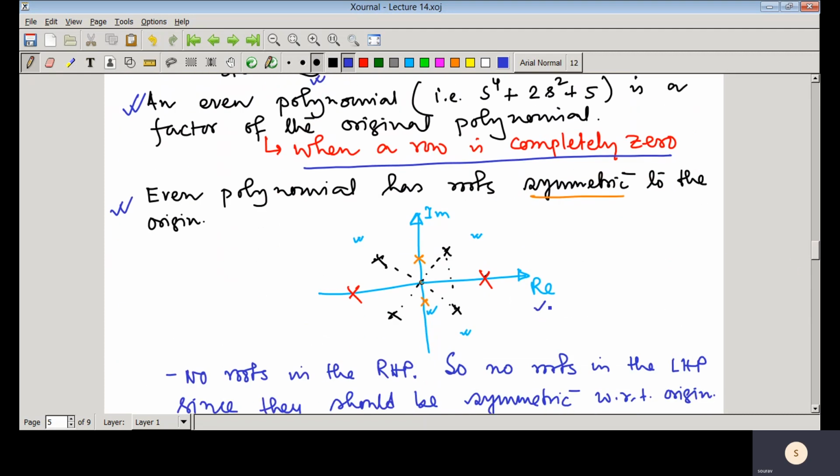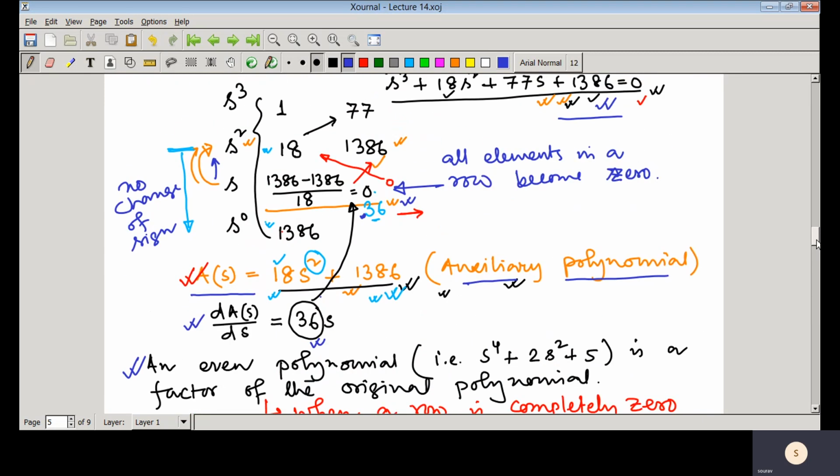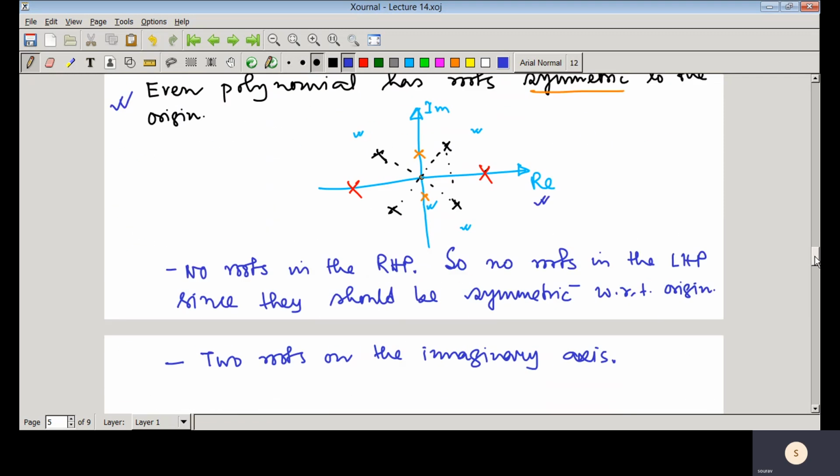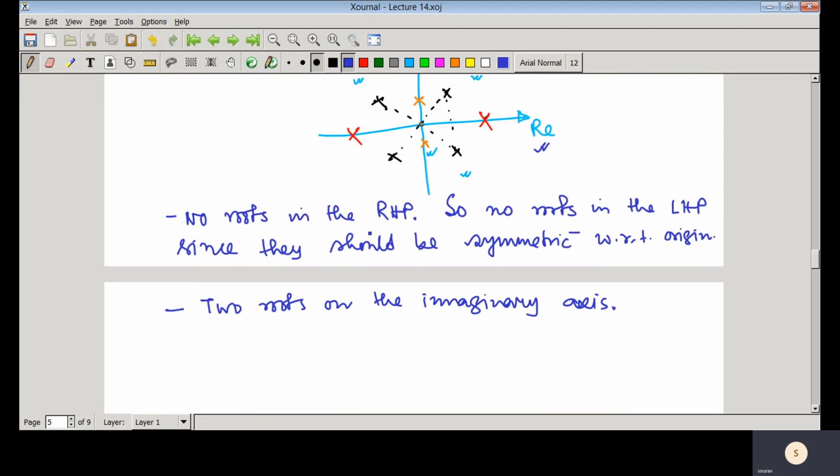So in the Routh table, from this particular point to the bottom, it indicates the roots of the even polynomial. And as there is no change of sign, there are no roots in the right half plane, and according to the symmetry, there should not be any root on the left half of the plane.